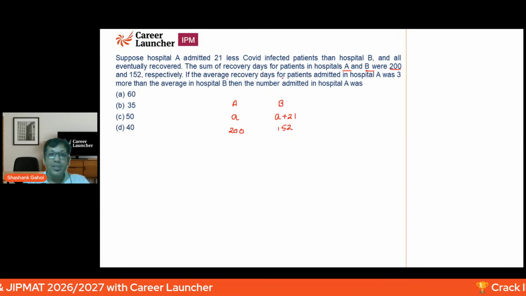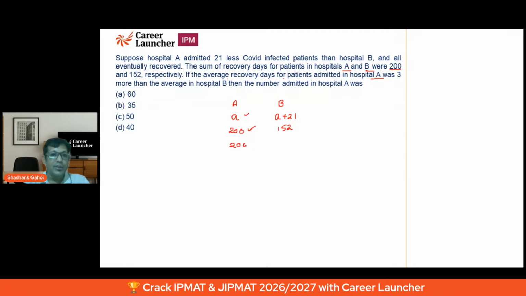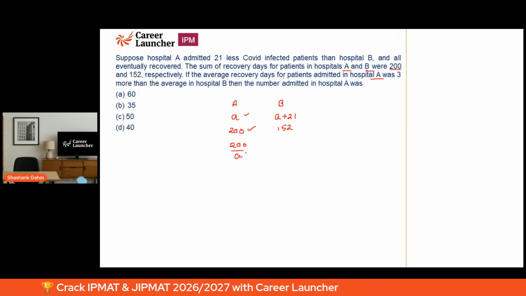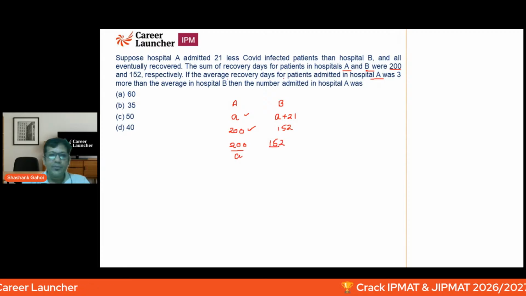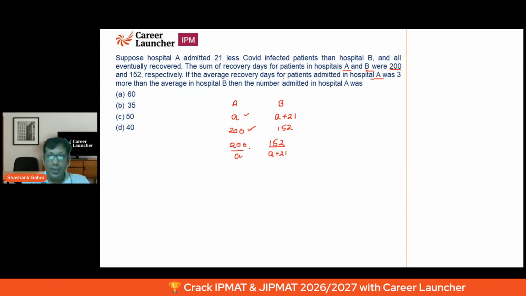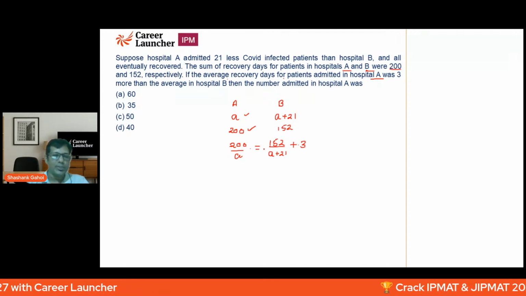Now, average recovery days in hospital A: total number of days is this, number of patients is this, so average recovery comes out to be 200 upon A. What is the average recovery days for B? That is total number of days divided by number of patients. And A was 3 more than B. So that comes out to be this.